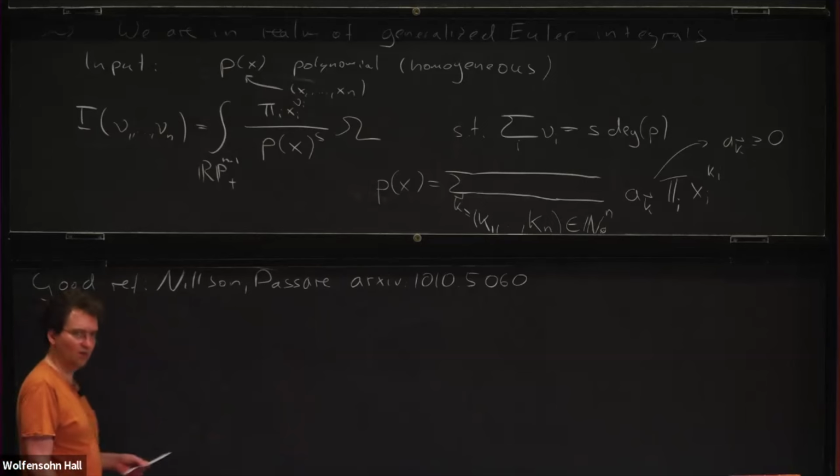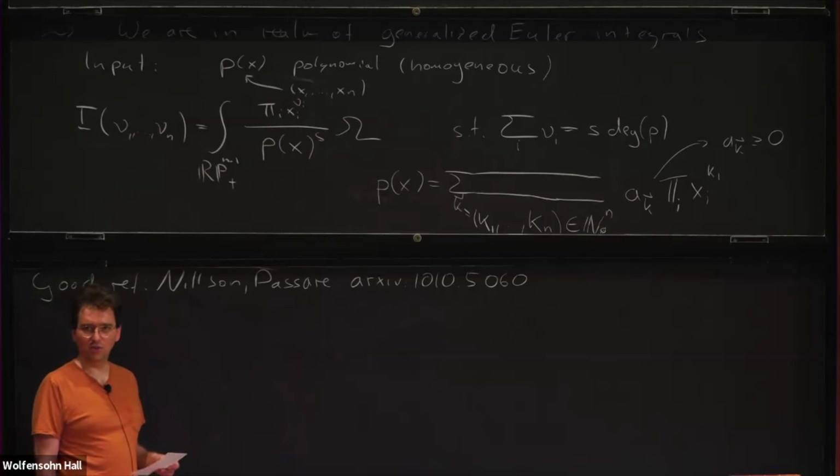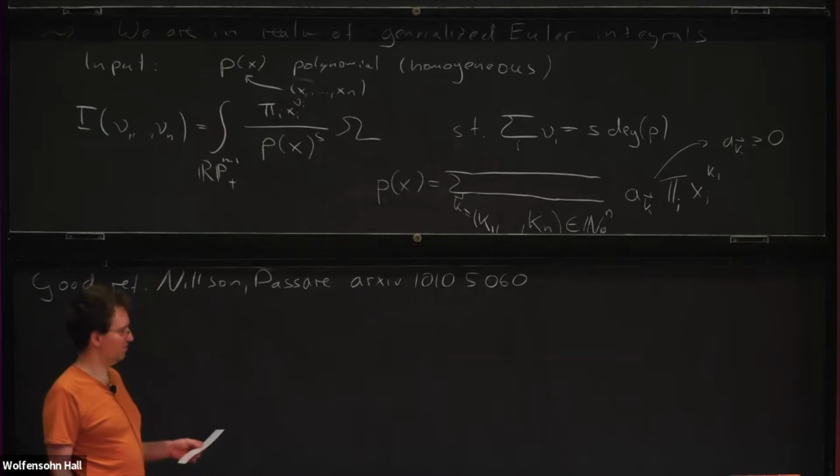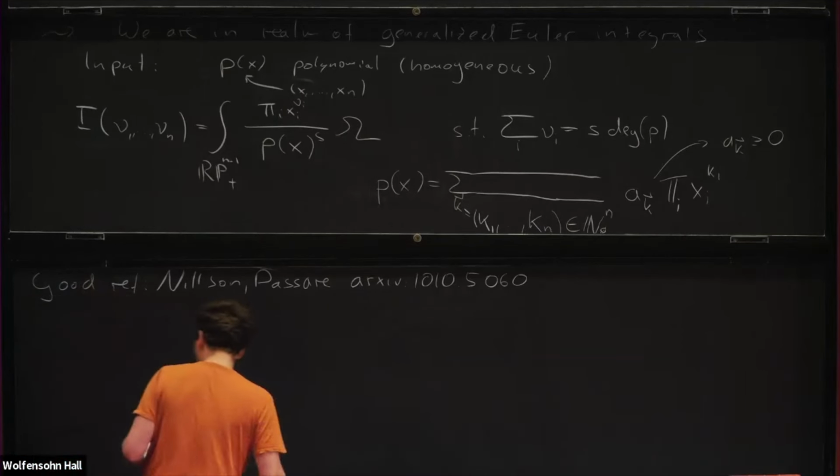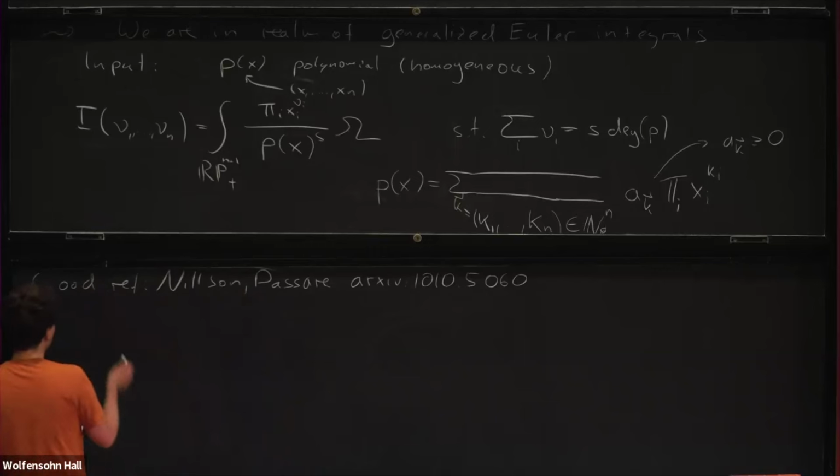Who of you knows what a polytope is? Who knows what a Newton polytope is? Who knows the V and the H representation of polytopes? Okay, not so many. So I'll be brief then here.